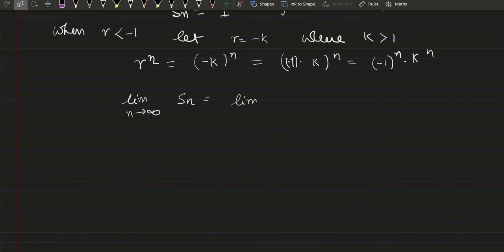Okay, so limit n tends to infinity of (1 minus r to the power n) by (1 minus r).